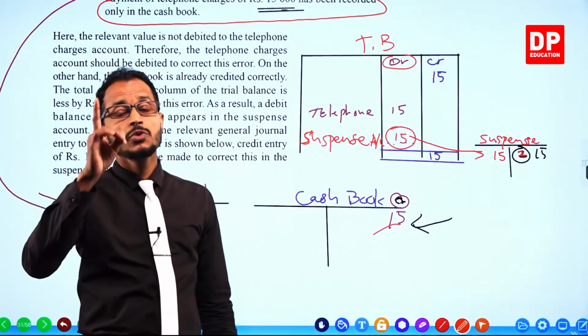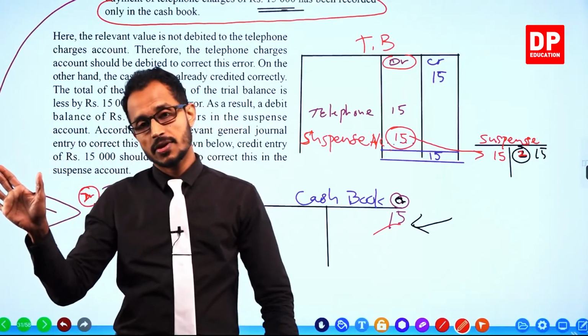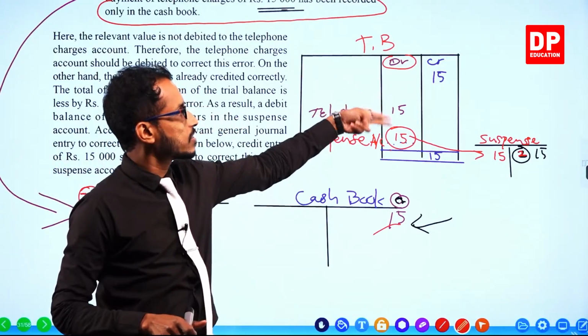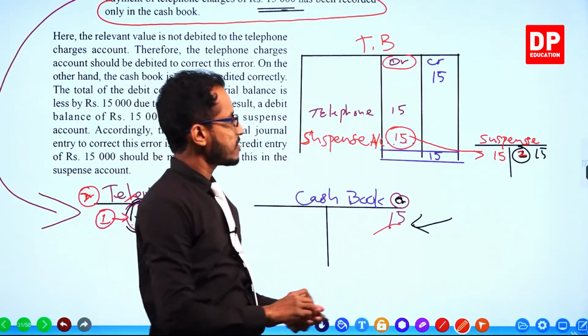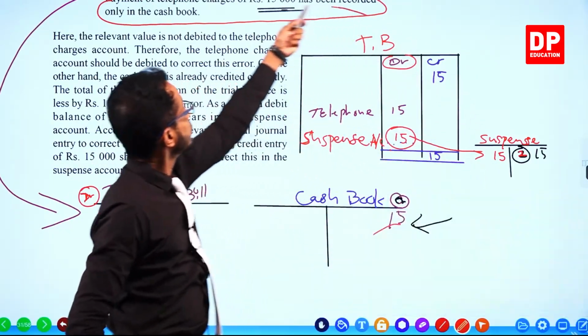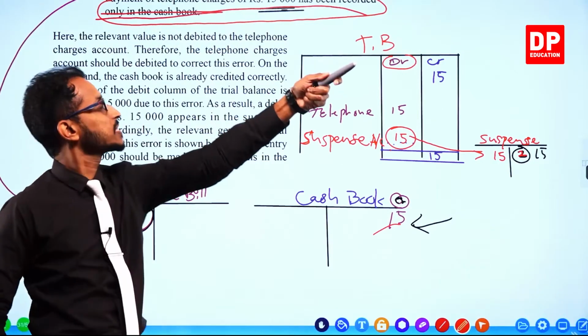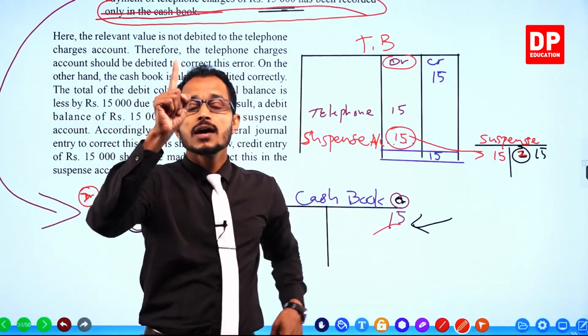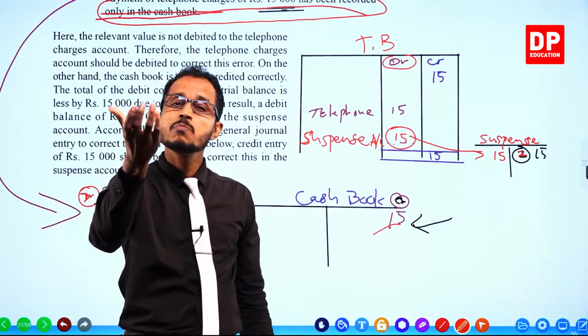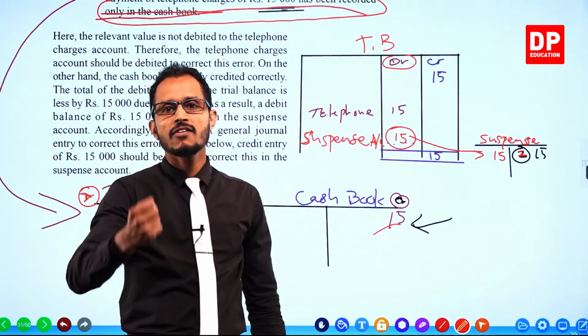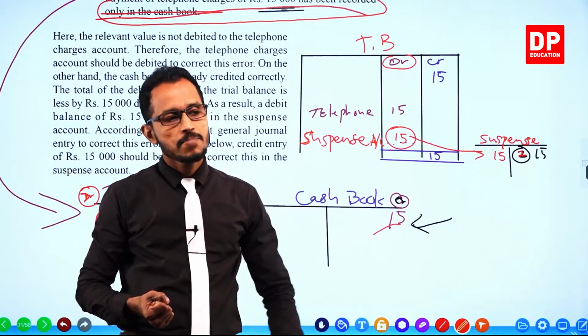Likewise, children, when you correct every single error which has affected the trial balance, in the double entry, you must have one entry in the suspense account.